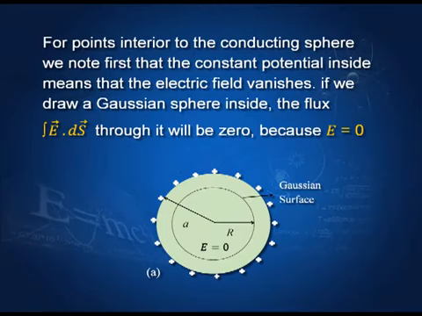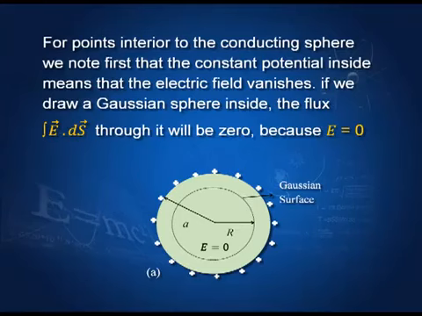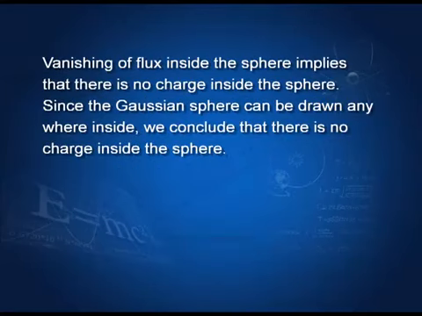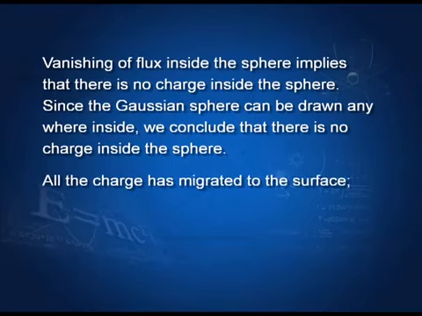If the electric field vanishes, then E dot ds vanishes. If this vanishes, then E is 0. If E is 0, then q by epsilon 0 is also 0, which means q is 0. That means there is no charge inside a conducting sphere. All the charge just migrates to the surface.